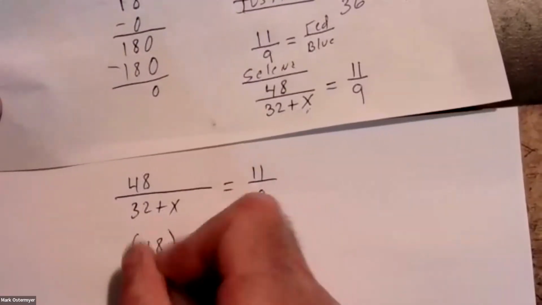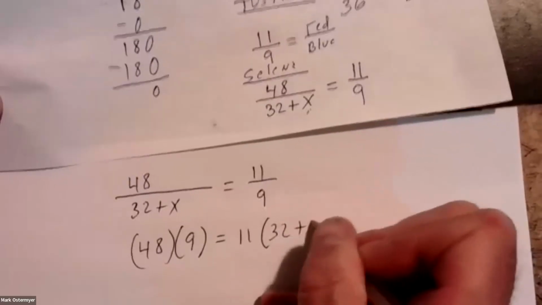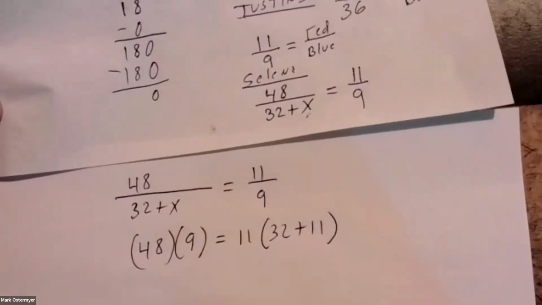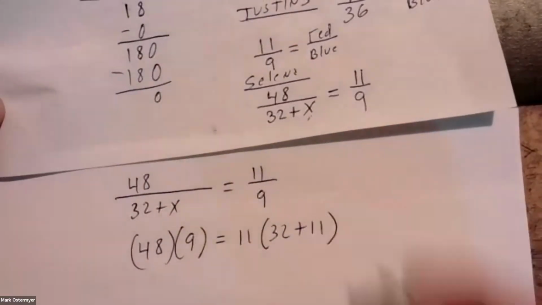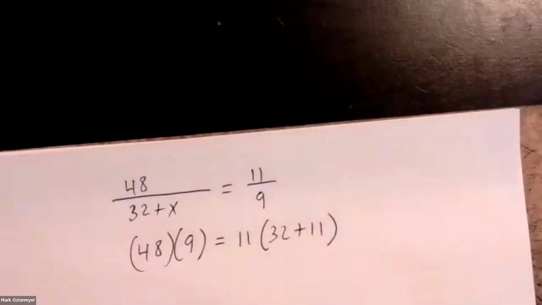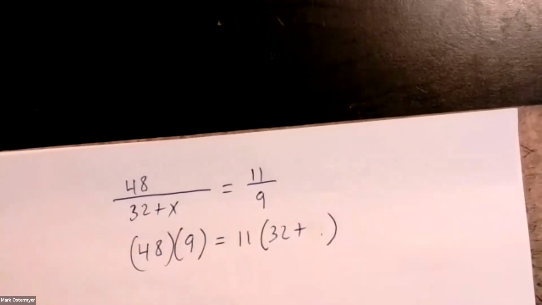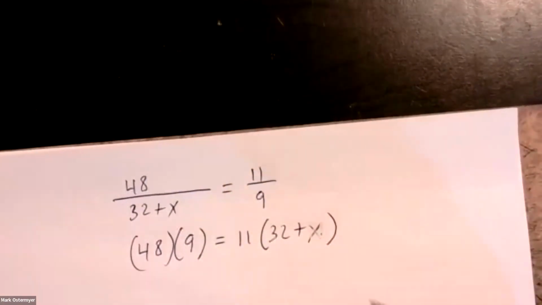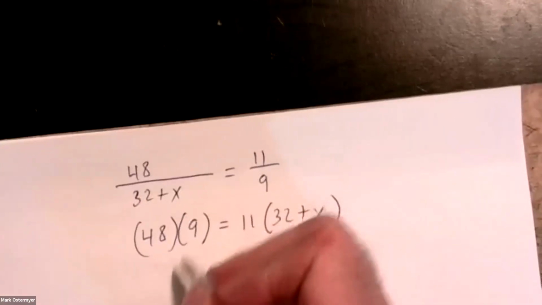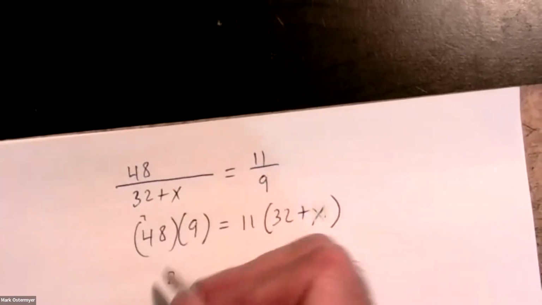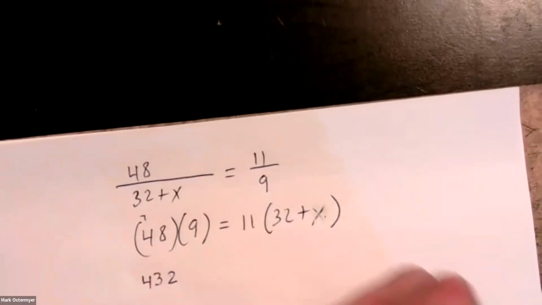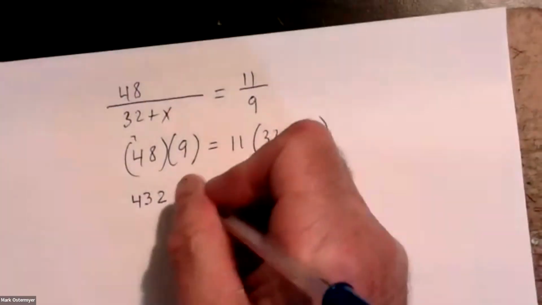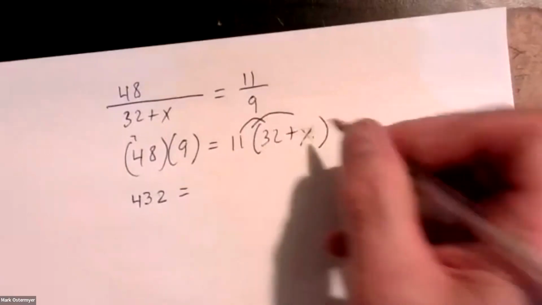So I get 48 times 9, and we're going to set that equal to 11 times 32 plus X. We want to solve for X. All right, so first we're going to multiply. What's 9 times 48? 432. And that's equal to, we have to distribute here. What's 11 times 32?